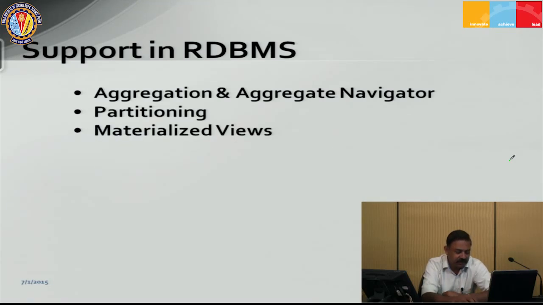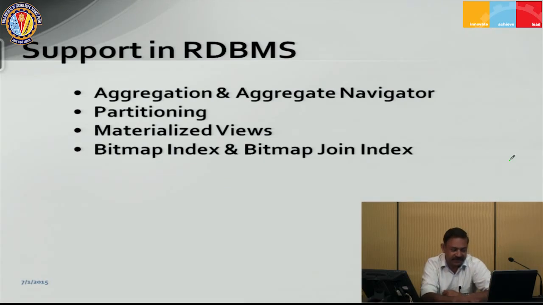Then we talk about materialized views, and also bitmap index and bitmap join index. There is support for both. And then there is a concept of dimensions where you can actually specify the hierarchical 1 to n relationship between the different levels of the hierarchy.